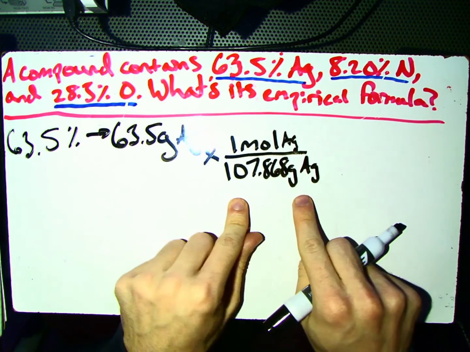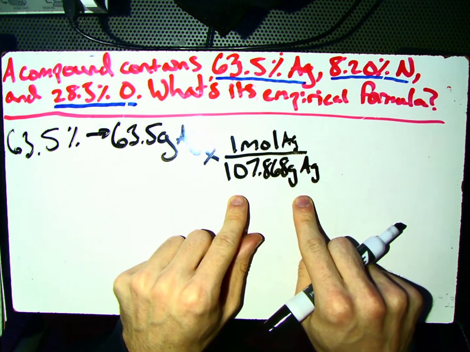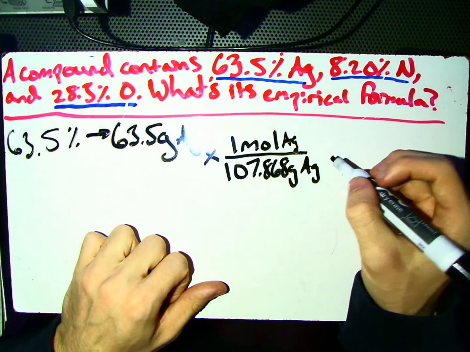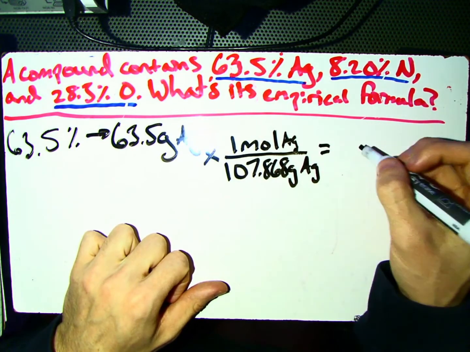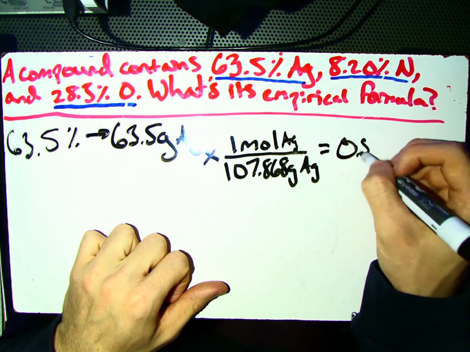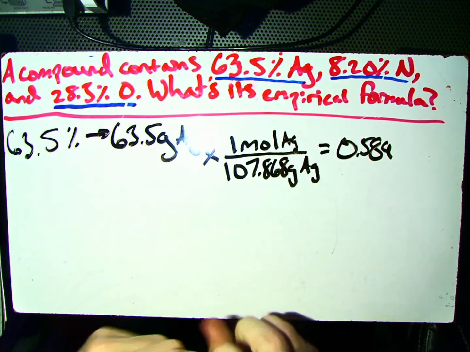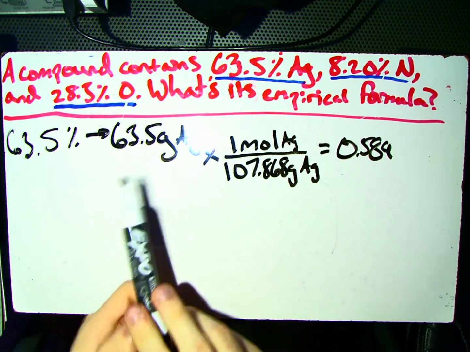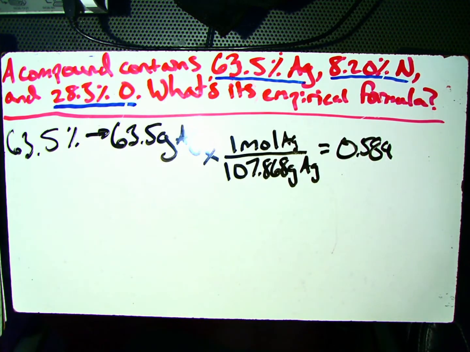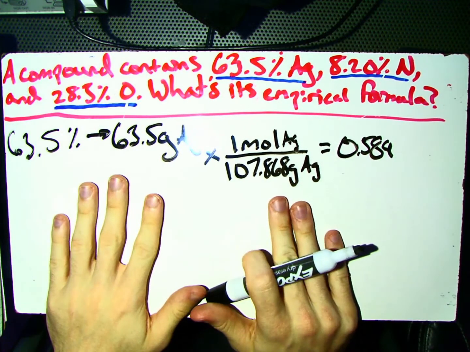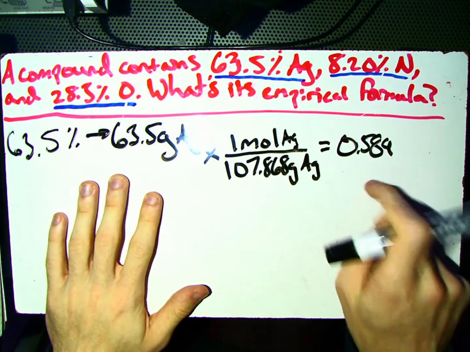Right? This conversion factor right here, again, is just the molar mass. And if you do that, you should get 0.589. So we did percent to mass, mass to mole, and we're just going to pause right there, okay? We're going to come back to silver in a little bit.